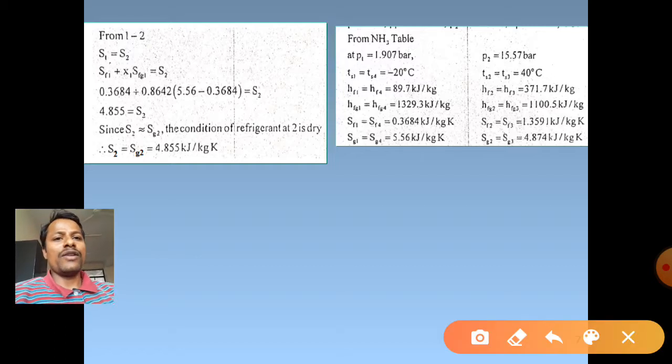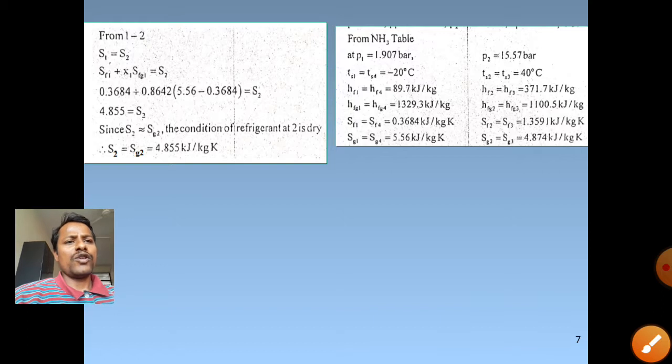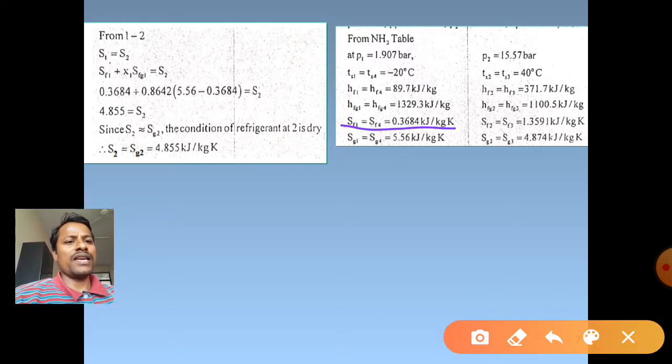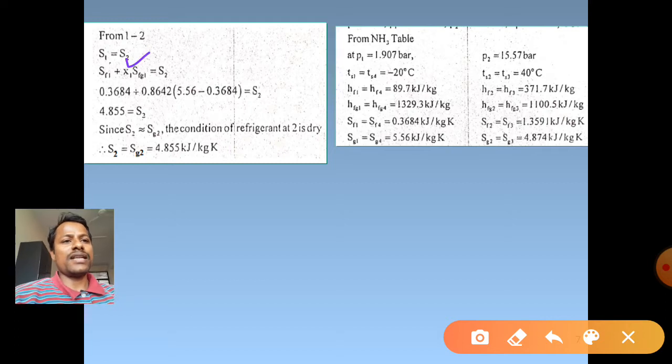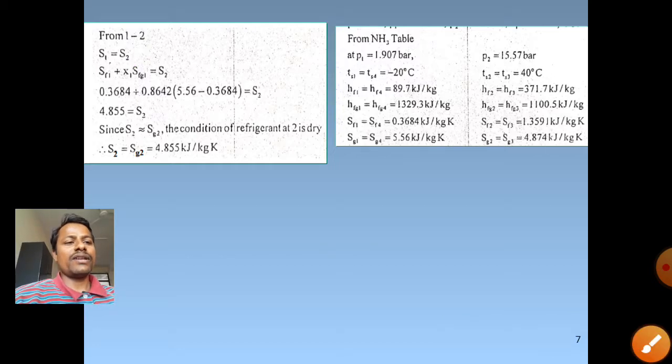Now we have the values: SF1 is 0.3684, from the data that we have already noted down. I substituted there. Then X1 he has given, that is 0.8642 in the given data. Then SFG1 we have the value 5.56.